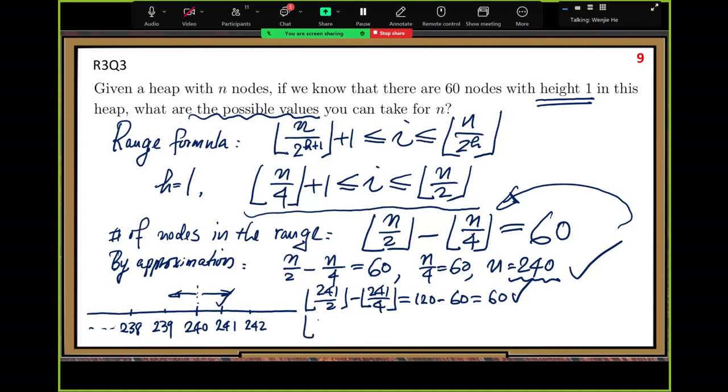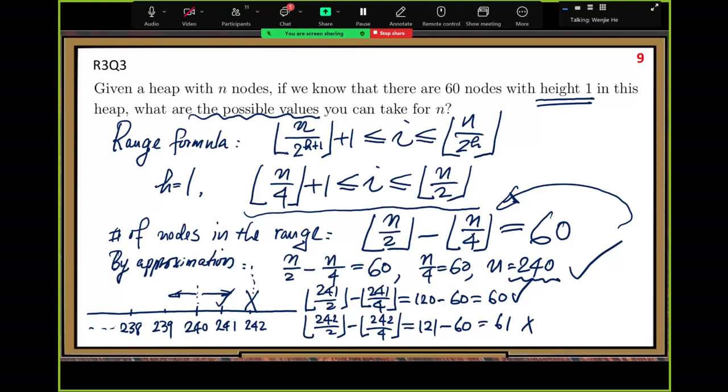How about 242? 121 minus 60 is 61, not a solution. So in the right direction expansion we stop. We hit a wall. This cross sign tells you that you hit a wall, so you have to stop.